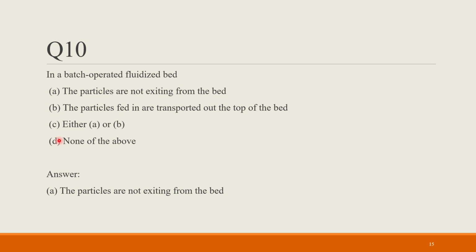In batch operation, it is made sure that the particles do not exit, because it is batch operated. Once the particular duration or condition is achieved, the particles are removed, but during the operation the particles are not escaping from the bed.